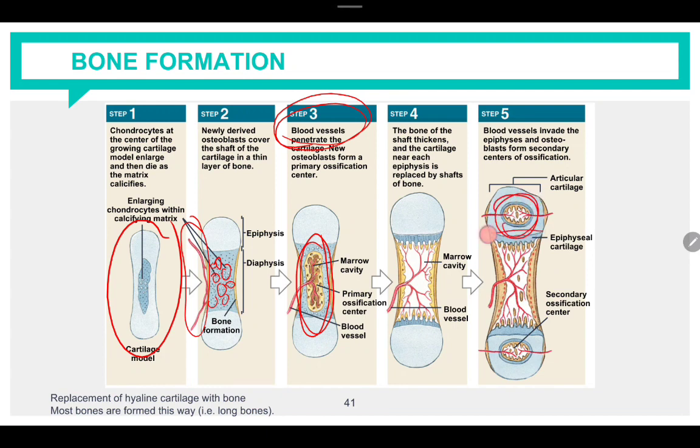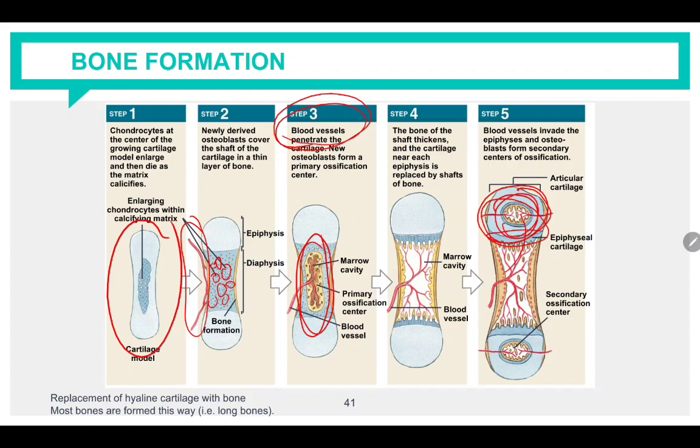So ito, this is the epiphysis, guys, yung sa taas. May magpapasok diyan ng mga blood vessels and then gagawa na naman ng another ossification center. Then mag-form naman siya ng another bone structure. I hope na-gets ninyo yung ating bone formation.